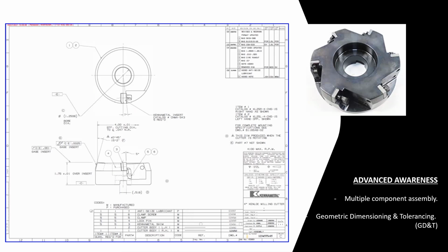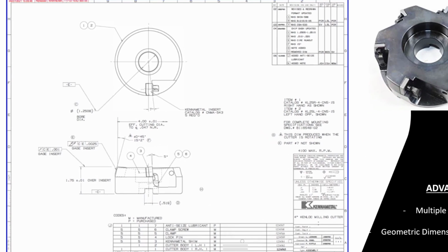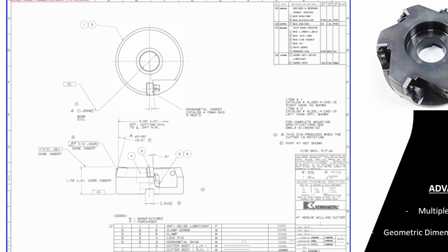So here we have a slightly more complex blueprint from Kennametal in regards to another one of their 4-inch Kenlock milling cutters. The content of this blueprint is a little bit outside the scope of what I'm trying to teach here, but I just want to raise your awareness, or maybe even appreciation, for some of the more advanced, more complex blueprints.